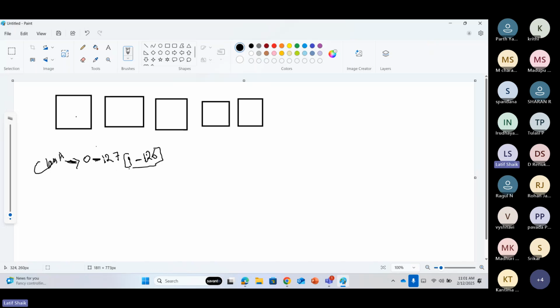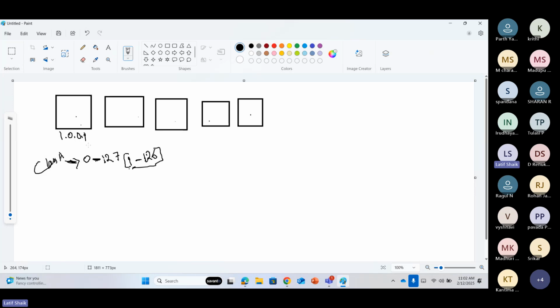So I'm assigning IP addresses to these devices from any of these. For example, take 1, starting with 1.